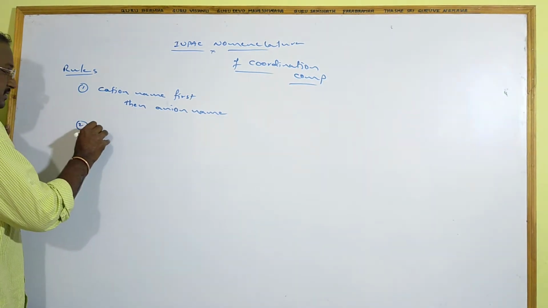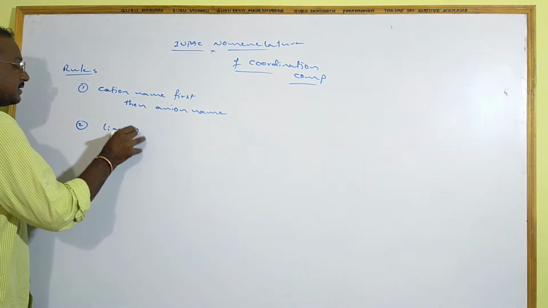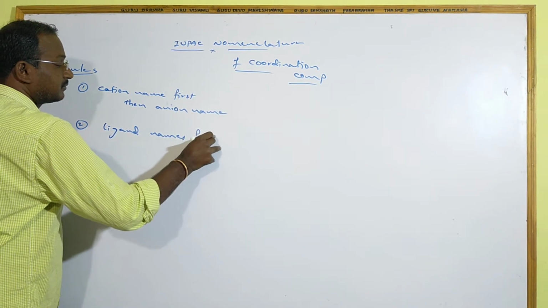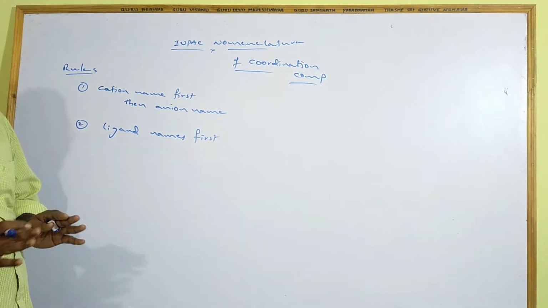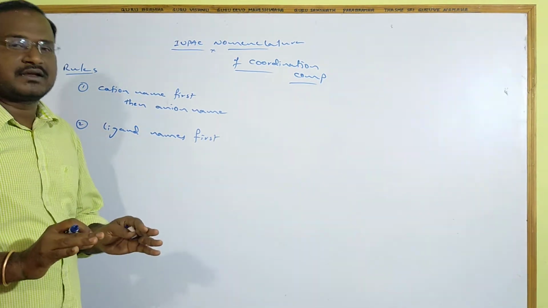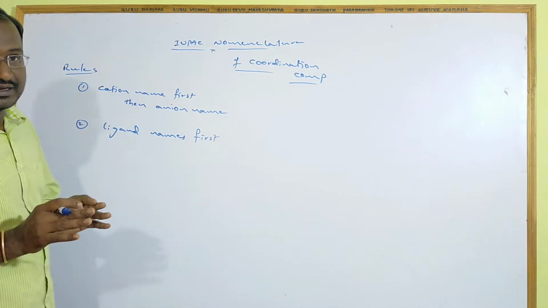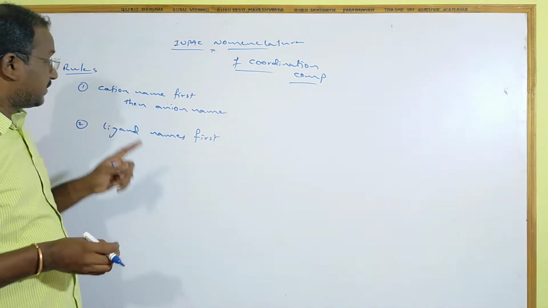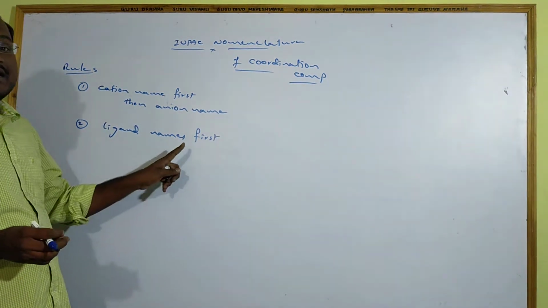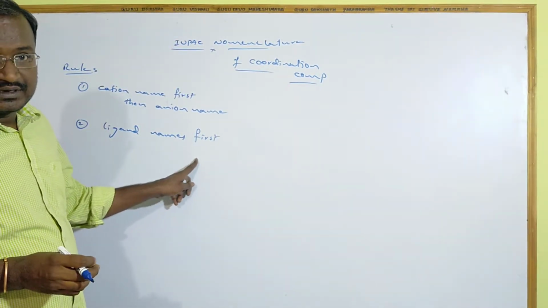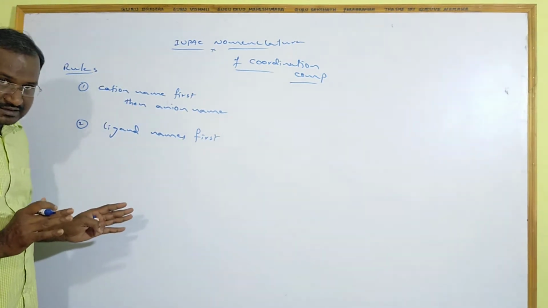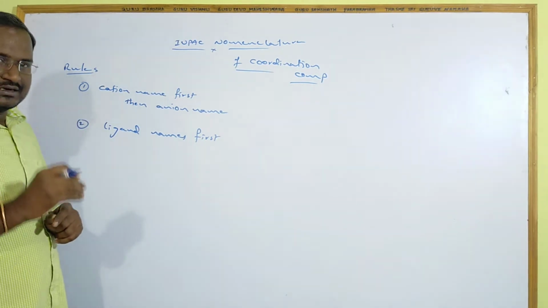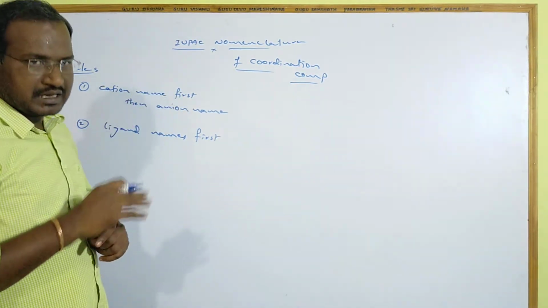The next rule is ligand names first. If the ion is complex, whether it is a complex cation or complex anion, to say the name of the complex ion, first we have to say the ligand names. There are different types of ligands. Some have unique names, and some have common names.